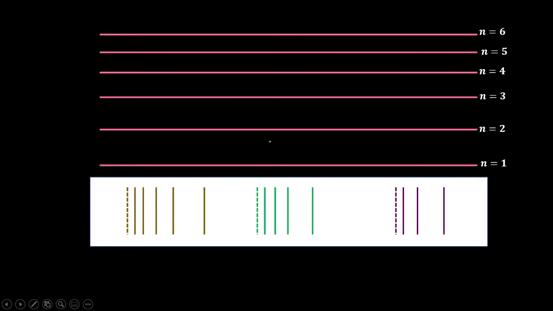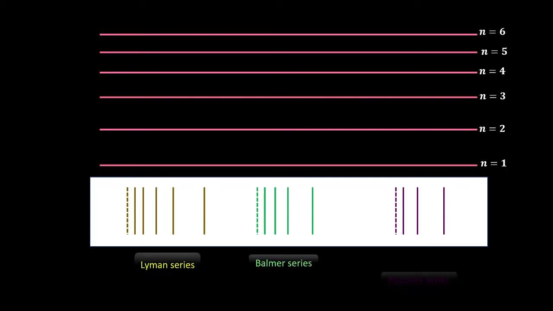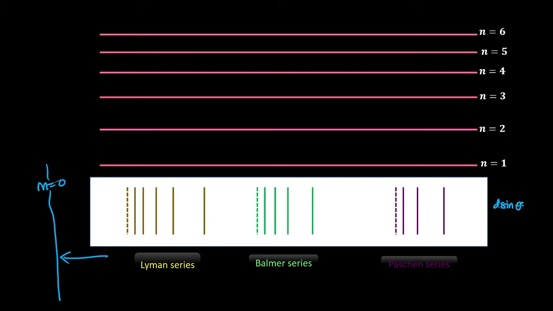If you do not really understand, let us look at this first. For the Lyman series, Balmer series and Paschen series, it will form like this. This one is your central maximum, m equals 0. The one nearest to the central maximum is the Lyman series. Why? Because d sin theta equals m lambda.